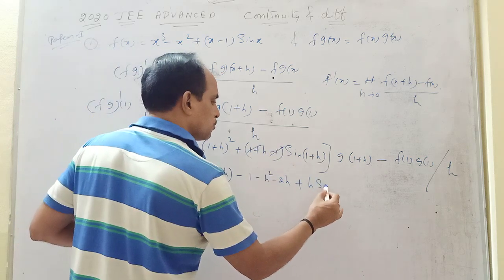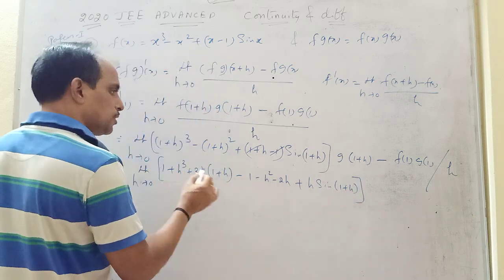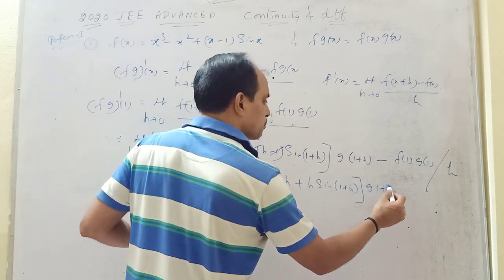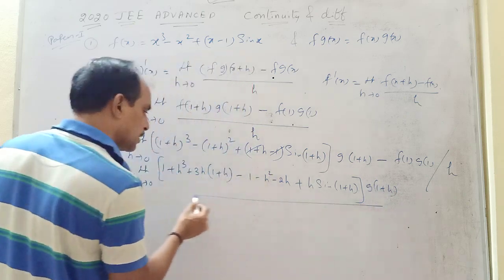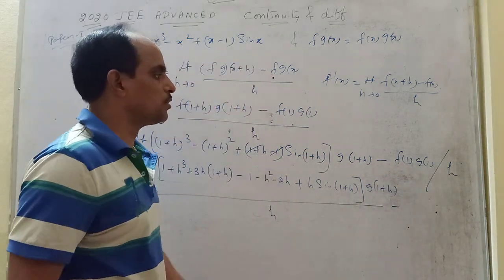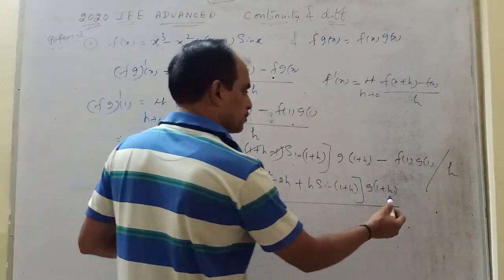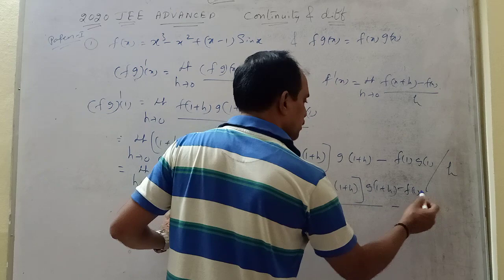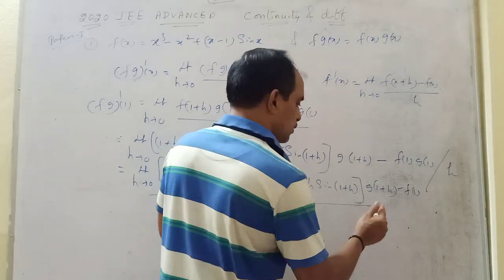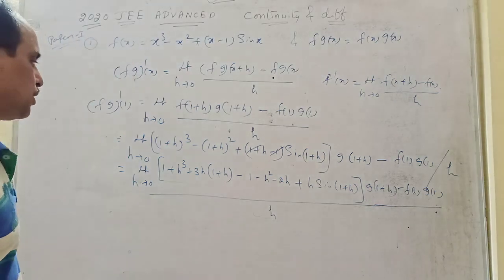Plus h times sine of 1 plus h into g of 1 plus h, divided by h, minus f of 1 into g of 1 divided by h.